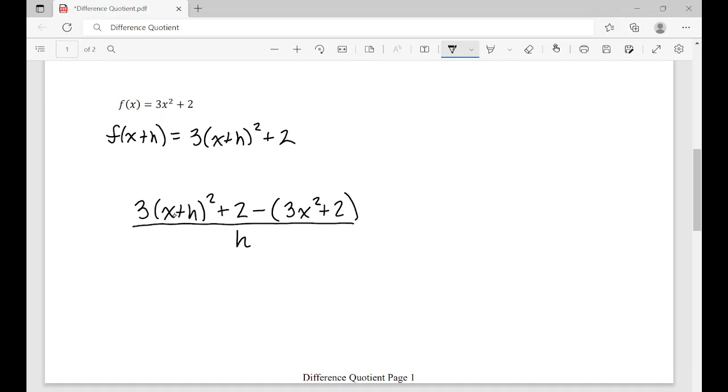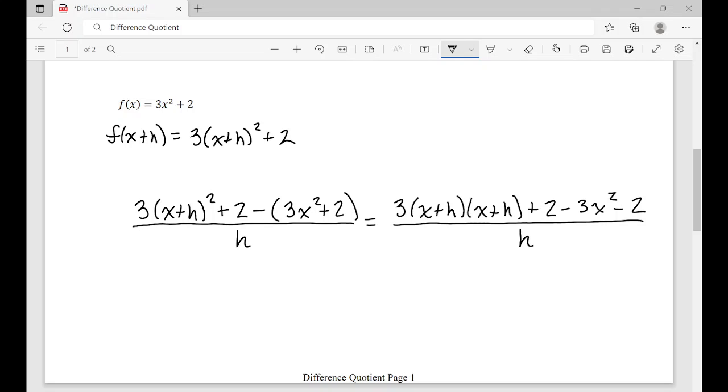Now, x plus h all squared just means there's 2 of them, so I'll write that out explicitly: 3 times x plus h, x plus h, plus 2, and then I'm going to distribute the negative, so minus 3x squared minus 2, all divided by h.